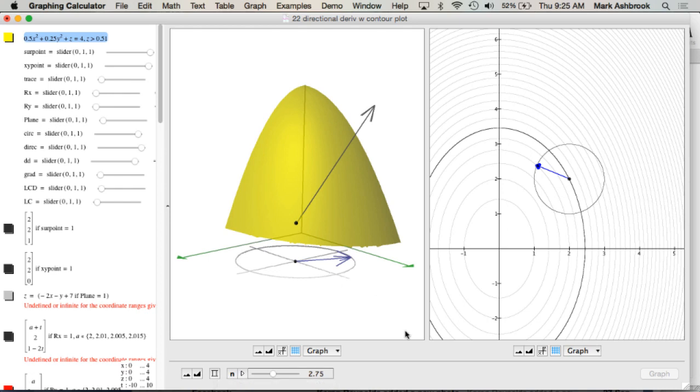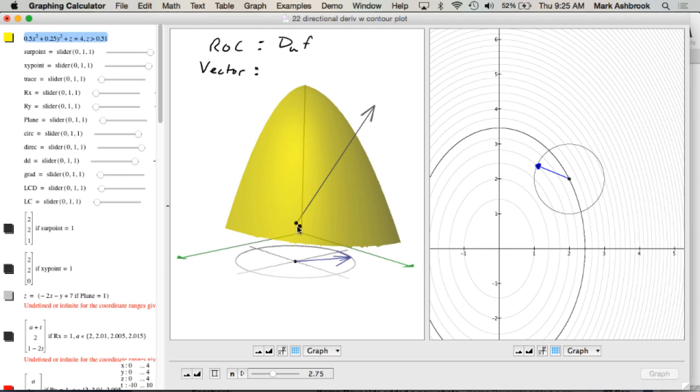So suppose we have this direction right here. There are some different things. There's the rate of change of z, which is our directional derivative. Then there's this vector. Rate of change is a value.